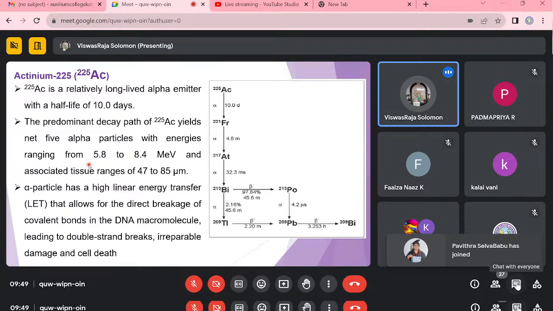Again, the range is very selective. It causes selective damage to the DNA. Once the damage happens, the DNA is never repairable. Again, this causes cancer cell death, and we cannot kill any non-cancer cells or healthy human cells.